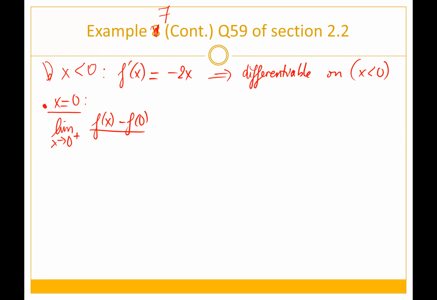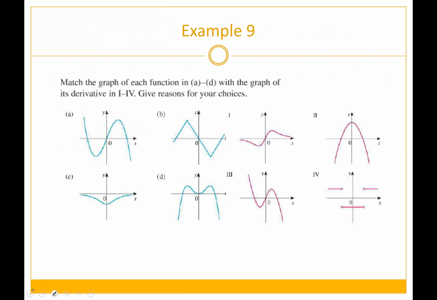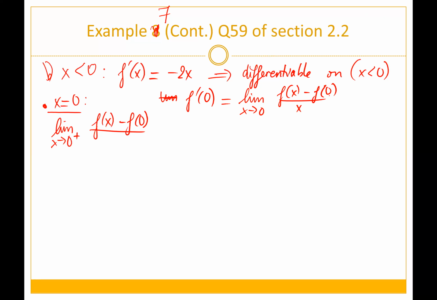This is what we're trying to find here: whether f is differentiable here or not, and to find out we have to find f prime of 0. This one is defined as the limit as x approaches 0 of f of x minus f of 0 divided by x. And if this one exists, then the function is differentiable at x equals 0.